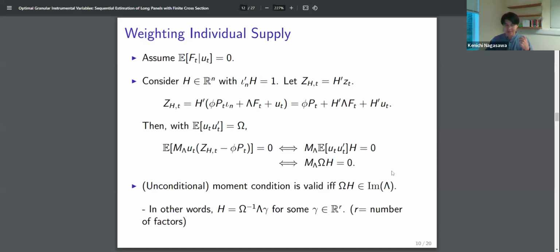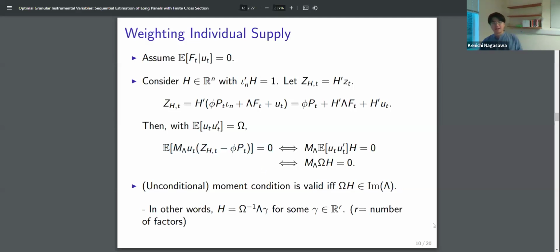Or, to put it in yet another way, the weight vector H should be of this form, where omega inverse is the inverse of the covariance matrix of the idiosyncratic shocks, lambda is the factor loadings, and gamma is just some vector. This is the parameter you can choose to create different H vectors that satisfy this unconditional moment.